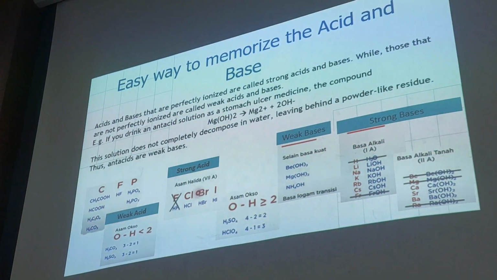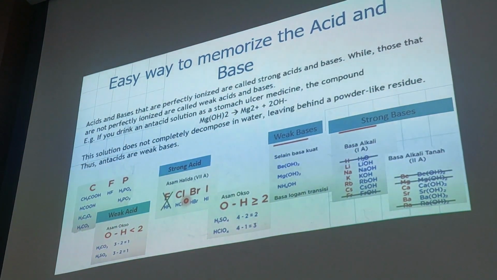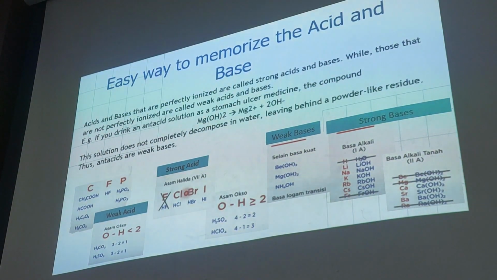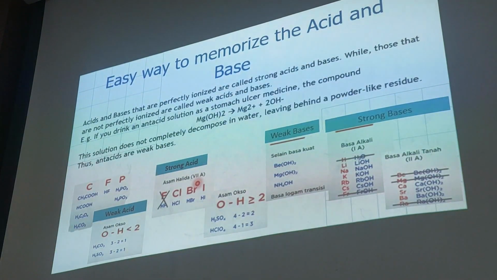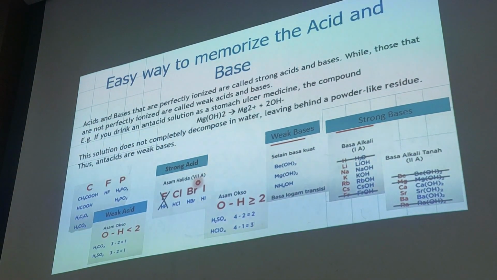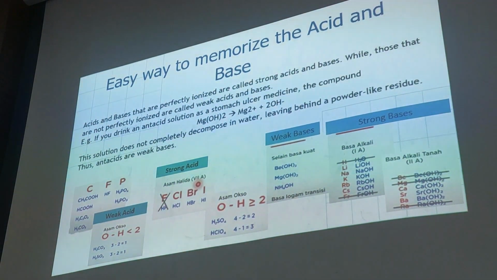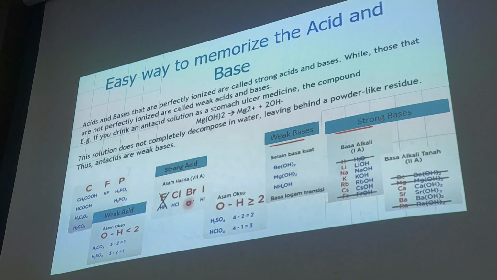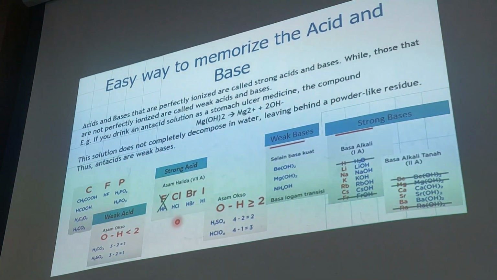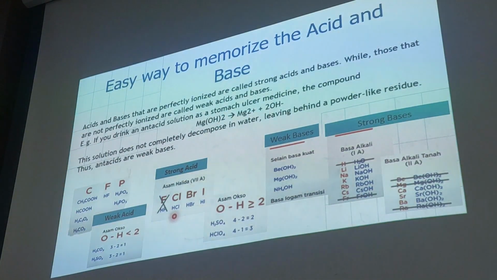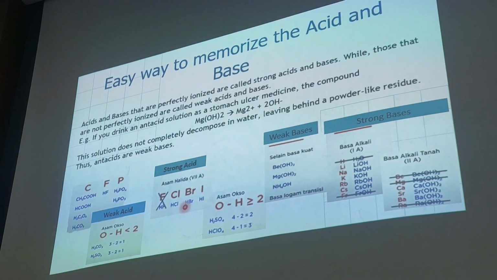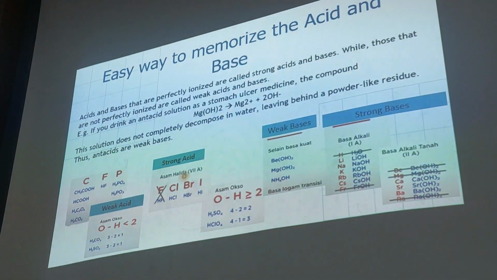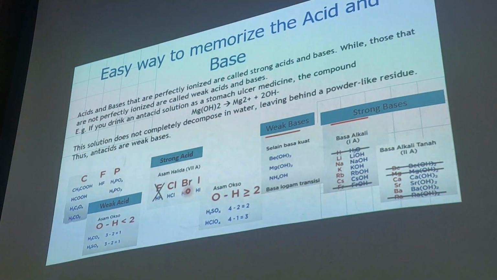And then the strong acid. Strong acid components are from group 7A of the periodic table: Cl, Br, and I. When we add H in front of these atoms and it becomes an acid, we can say that this is a strong acid.